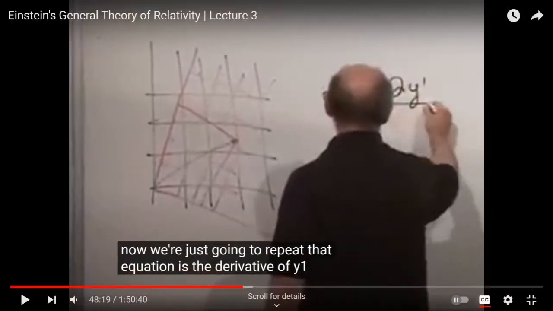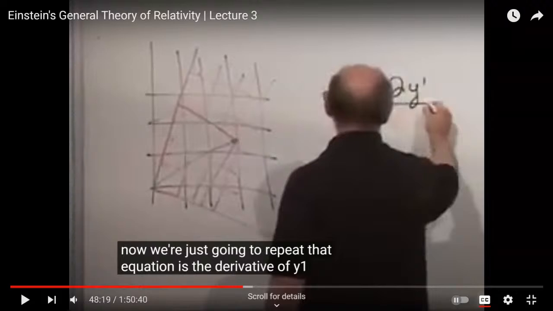Sorry, there's no phi. dy1 relative to dx, and it's going to be partial y1 relative to partial dx1 times total dx1.